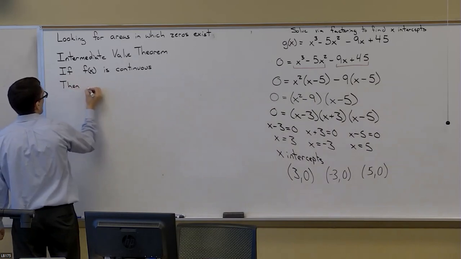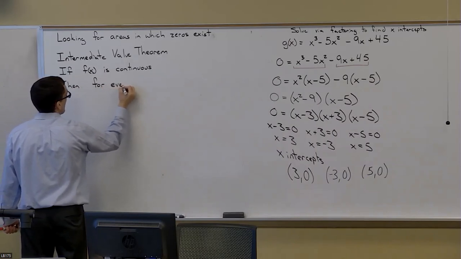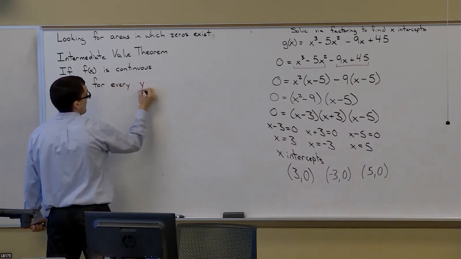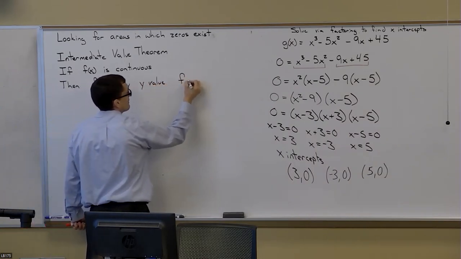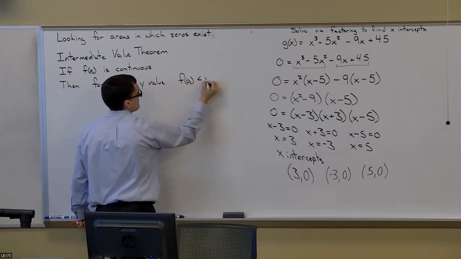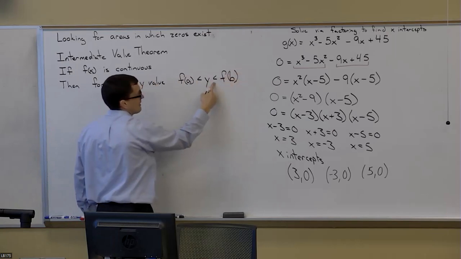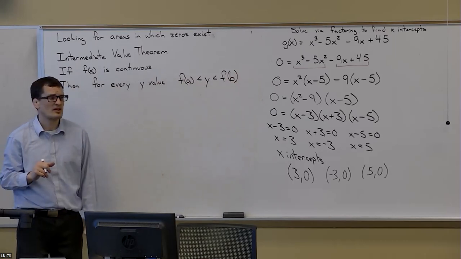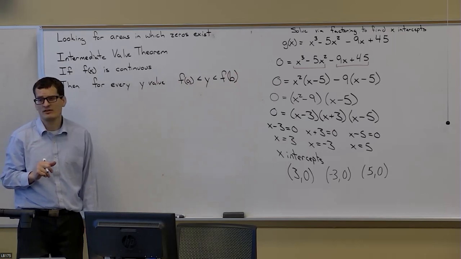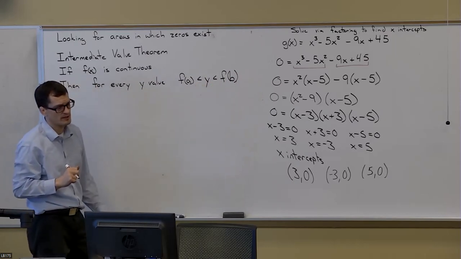Then for every y value such that, we'll call it this. You could have these in the other direction. I'm not saying A always has to give you the smaller. You could have these in the other direction, doesn't matter. But I'll write it this way.